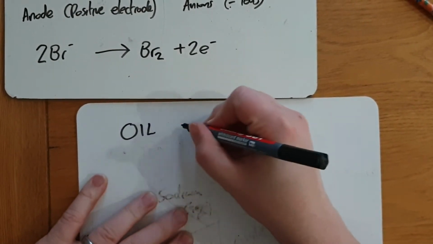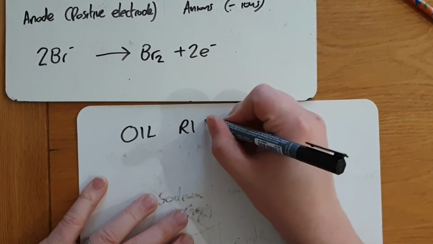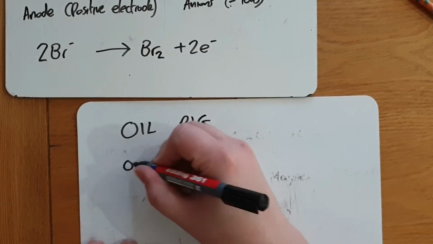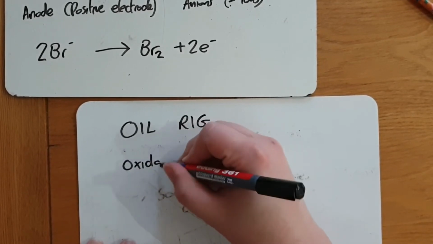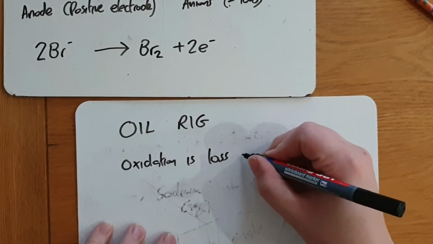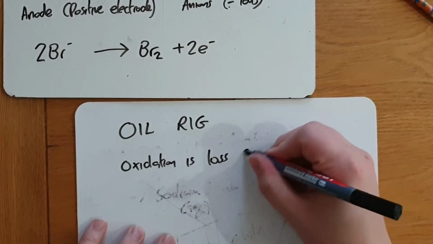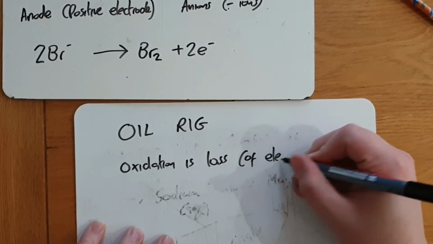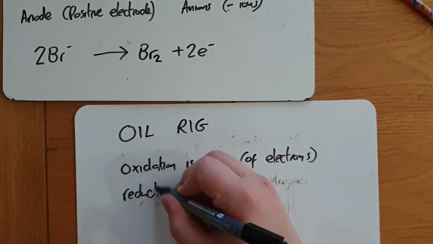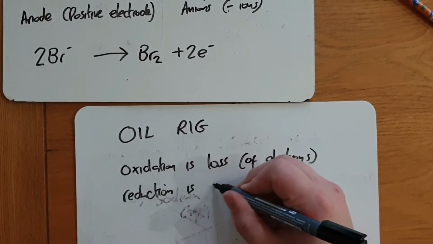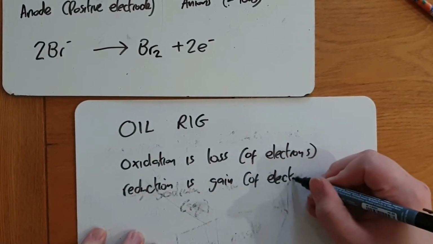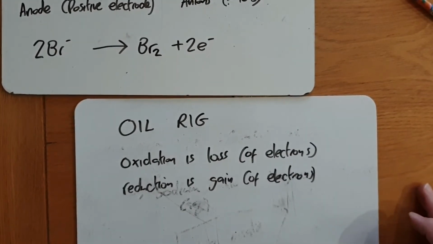OIL RIG. This is an acronym. This isn't actually got anything to do with oil rigs. What this stands for is: oxidation is loss, and we're talking about electrons, so it's loss of electrons, and reduction is gain of electrons.